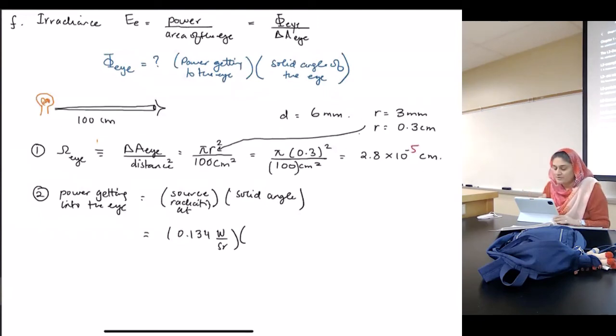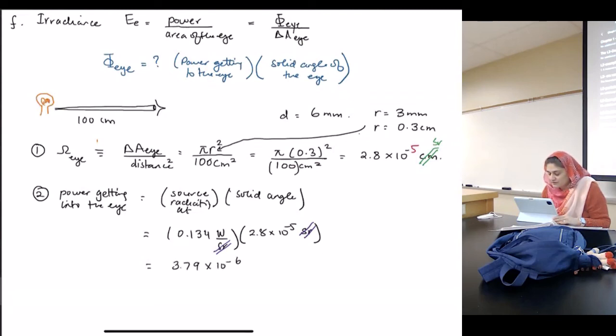So then the centimeters will go away and we will have steradians here. And that will be 2.8 times 10 to the negative 5 steradians. I plug that value in here. Cancel this one with this one. And what am I left with? 3.79 times 10 to the negative 6 watts.